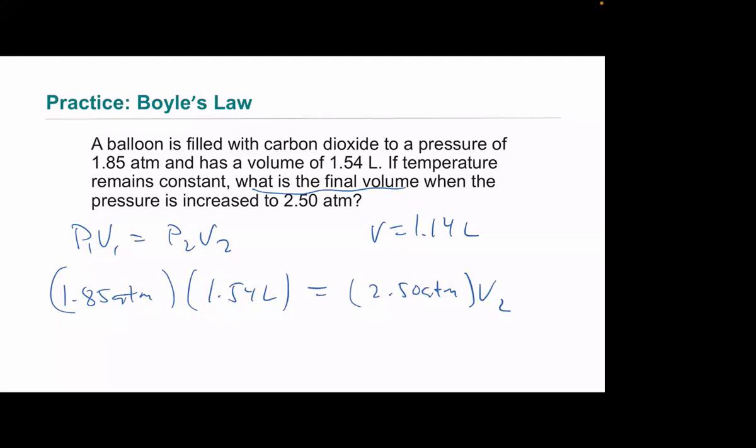And Megan's answer seems reasonable. Anybody else confirm it? Megan confirmed it, so we're good. All right. Any questions? There it is, 1.14 liters. I confirm.